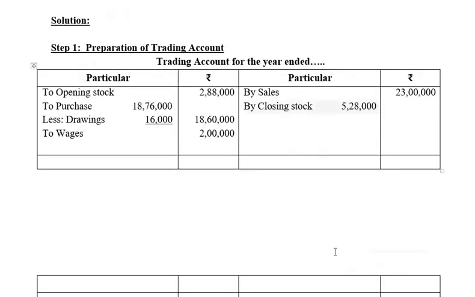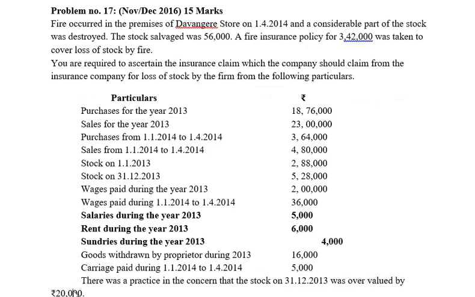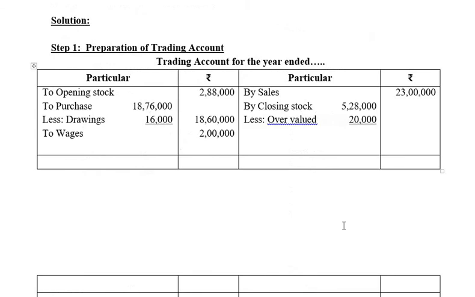So taking 5,28,000 rupees in the inner column, we have to deduct the overvaluation of 20,000 rupees. After deducting 20,000, we get 5,08,000 rupees in the outer column.